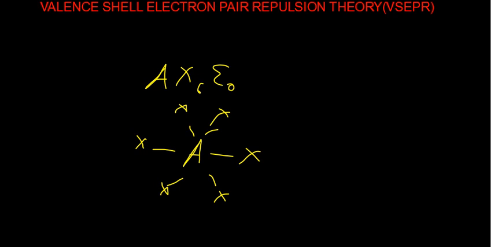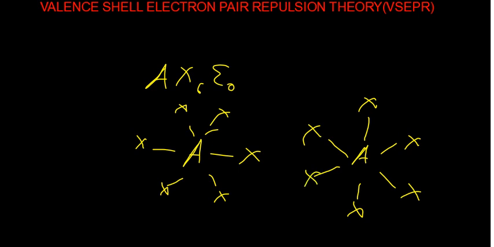So we can make it look like this. The same way I've written it, we can also write it in this way, where this X is here, this X is here, and then we have like that. It is the same shape. It is still an octahedral. So we can write it like that.